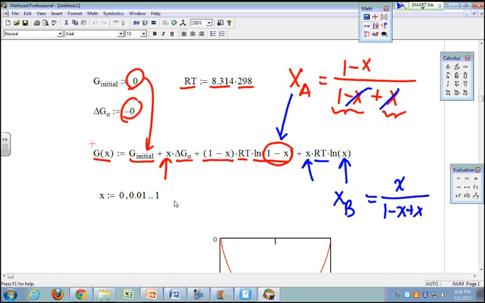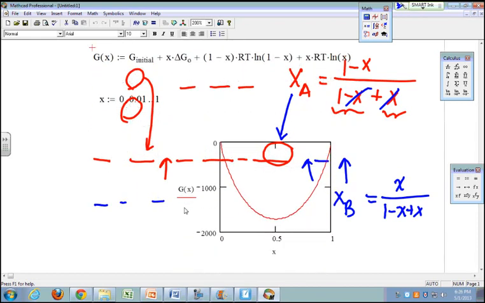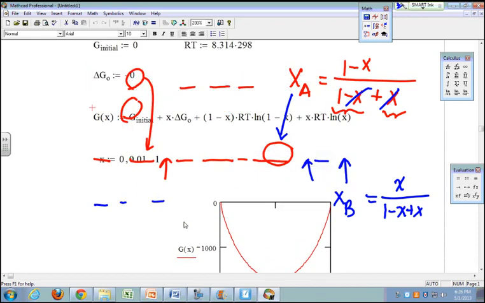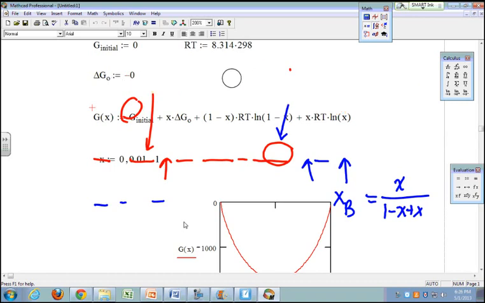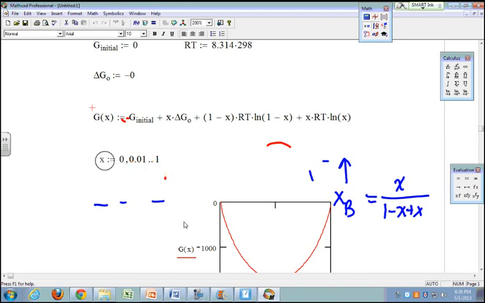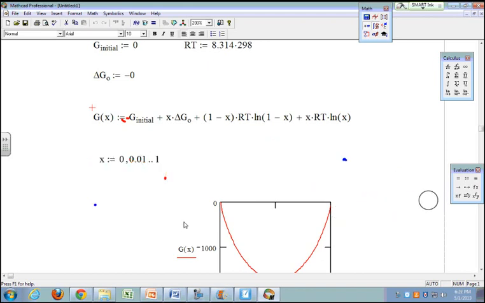All right, so if I make that plot, I'm going to plot from X equals 0 to 1 in steps of 0.01. This is what I get right here. Okay, so what's the point of equilibrium here?